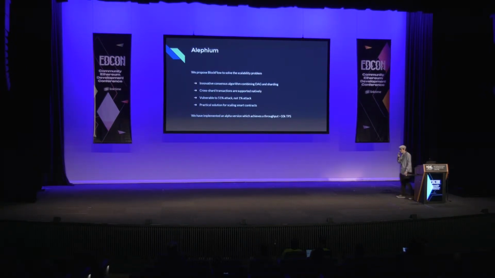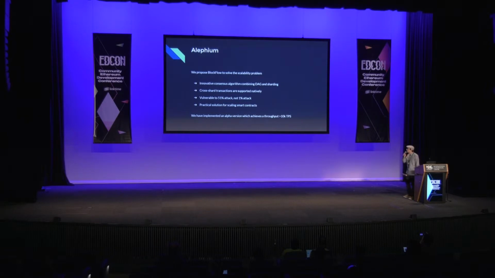We propose a new approach we call Blockflow. There's a white paper you can find on our website that describes in detail how it works. It is an innovative consensus algorithm where we combine DAG, directed acyclic graph, and sharding together. Thanks to that, we can support cross-shard transactions natively, which means you just do a cross-shard transaction in one step. It's just one operation. The network is vulnerable to a 51% attack like Bitcoin, and not a 1% attack.